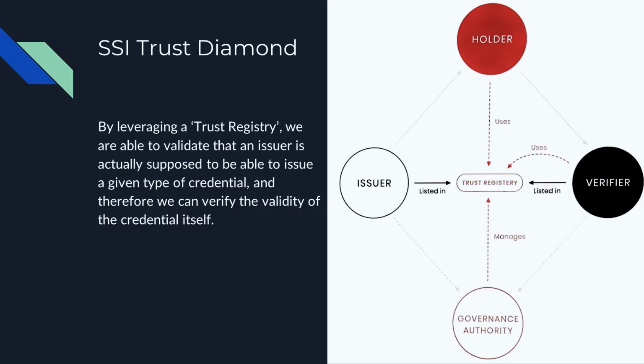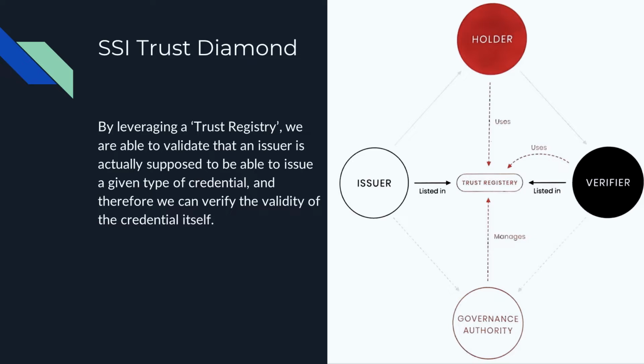And so at any point, anybody can use that registry in order to check credentials that were issued. Therefore, when the holder goes to the verifier, in the context of the example I gave, when this roofing person comes and says they want to do my roof, I can look at that registry and I can tell that they are supposed to be able to do my roof, because I no longer have to trust the issuer. I'm able to look at that trust registry, which is managed by a governance authority, which we've all accepted is allowed to be doing that.